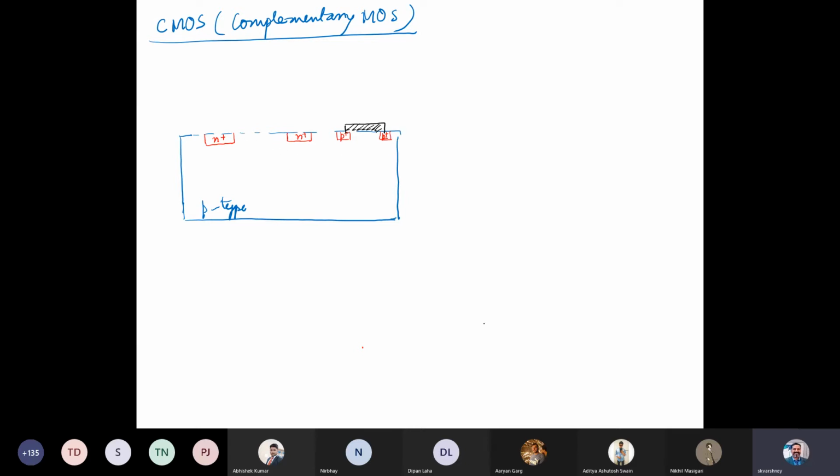This is a cartoon sketch, so the dimensions are not proportionate. So this is your oxide layer, and on top of this is a metal here. And in between there's some polycrystalline material.